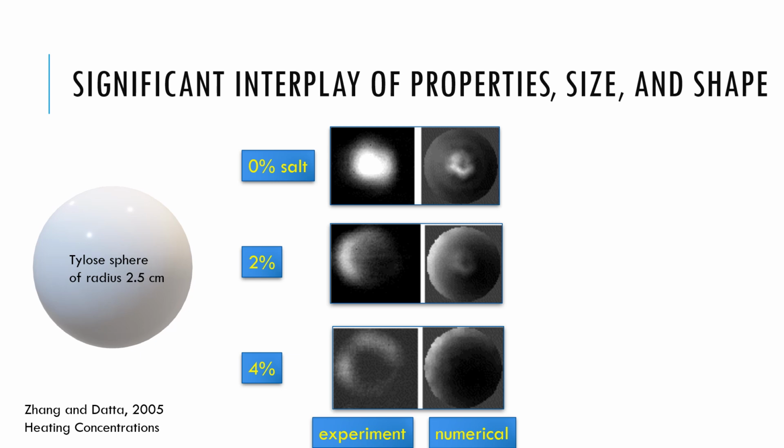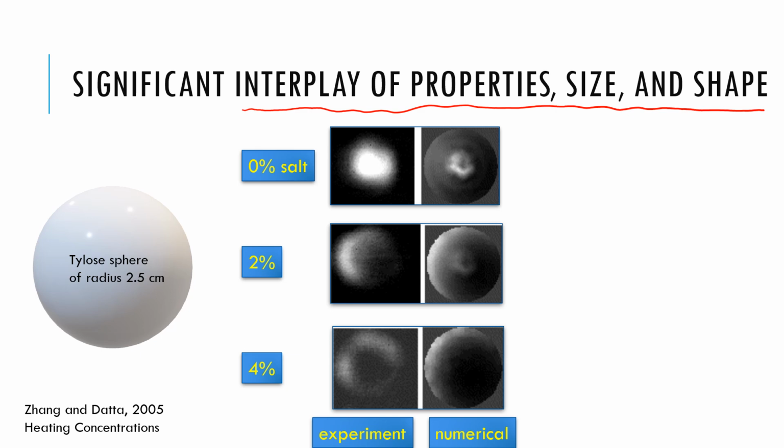That's why I said early on that these factors are not something we can treat in isolation. It's their combination that we have to discuss, and that's why things get complex. So there is significant interplay of properties, size, and shape. And here is a nice example of it.